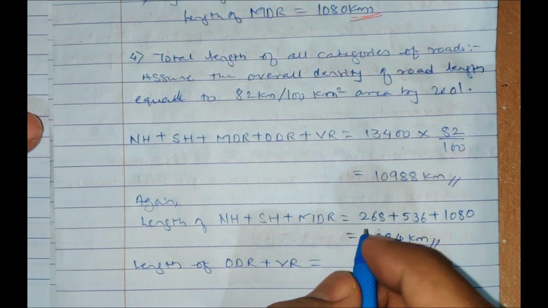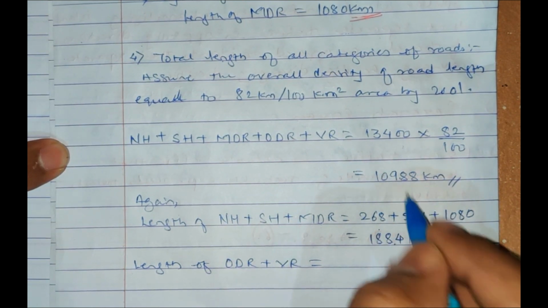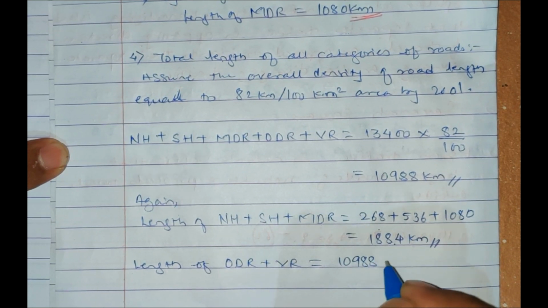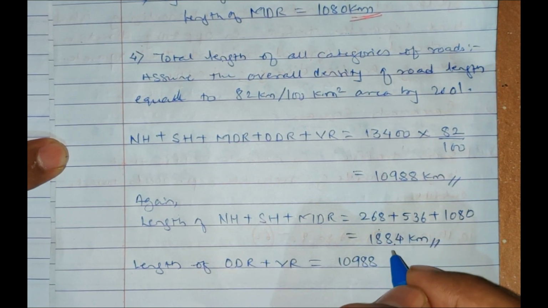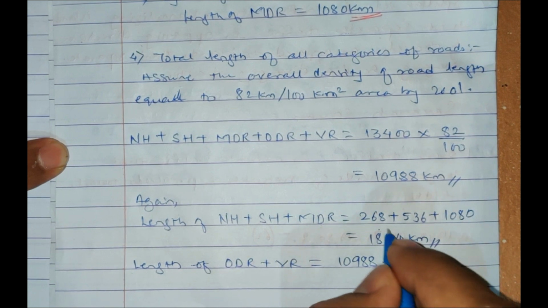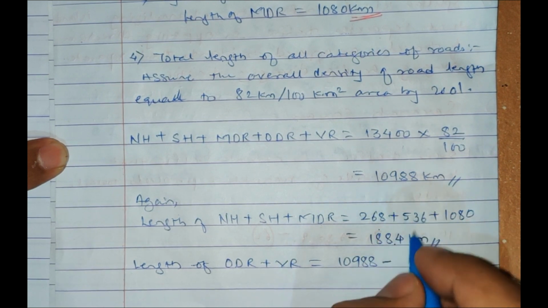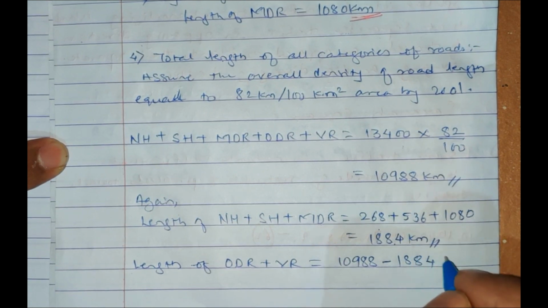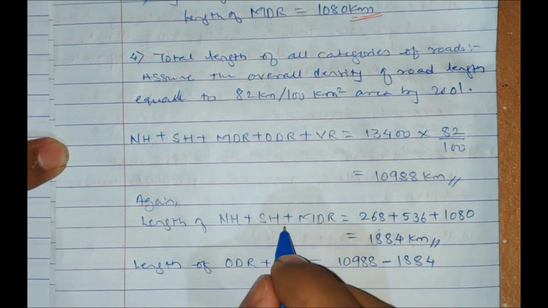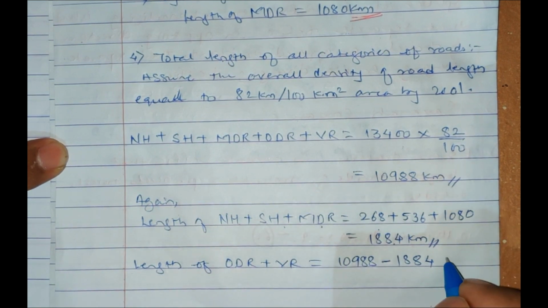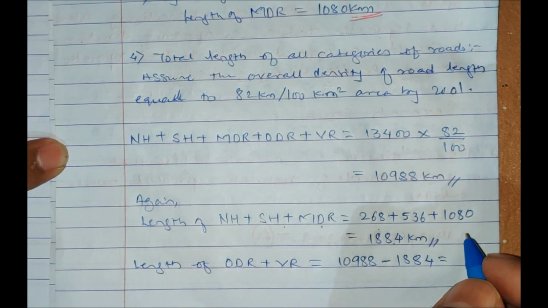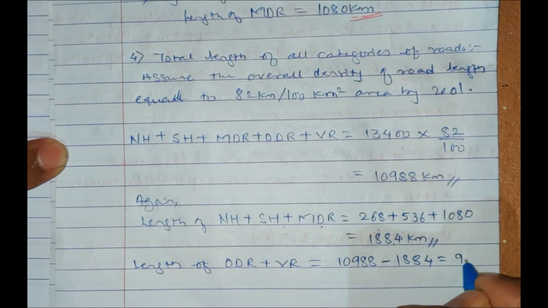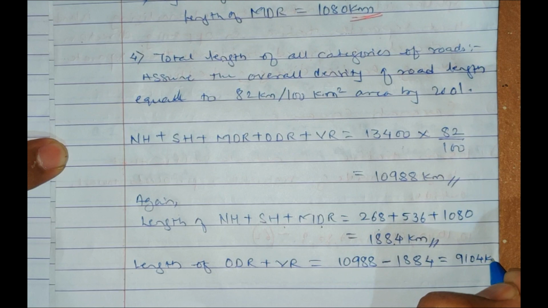That will be equal to 10,988 minus 1884, that is the length of the National Highway plus State Highway plus Major District Road. We get the length of the ODR, that is Ordinary District Road, and Village Road, as 9104 kilometers.